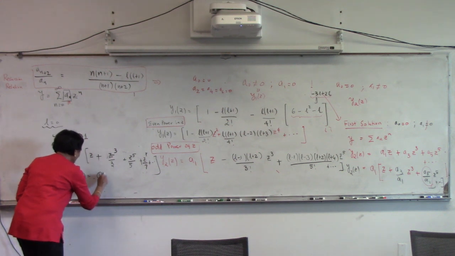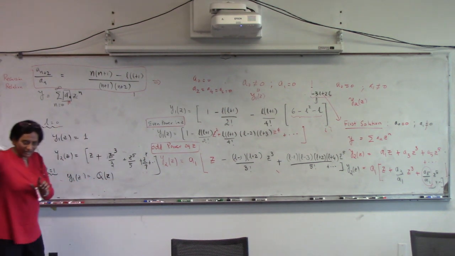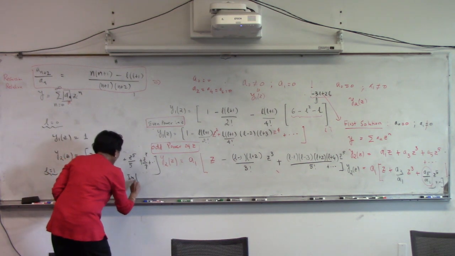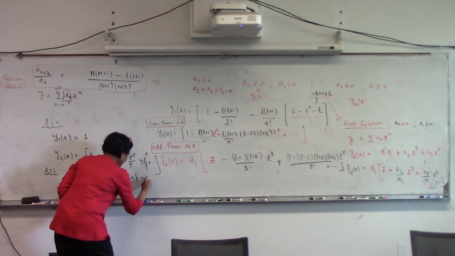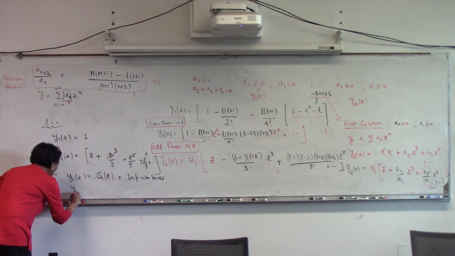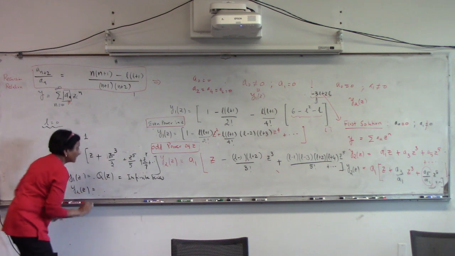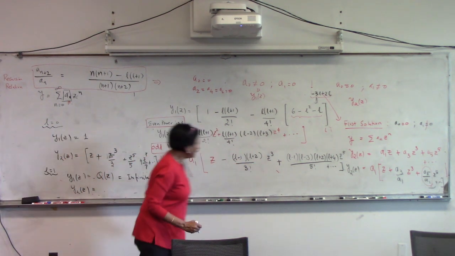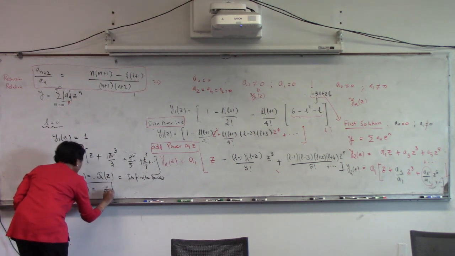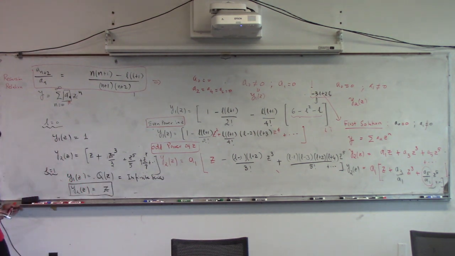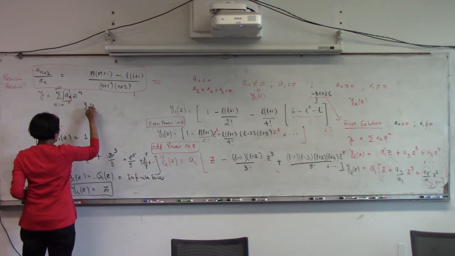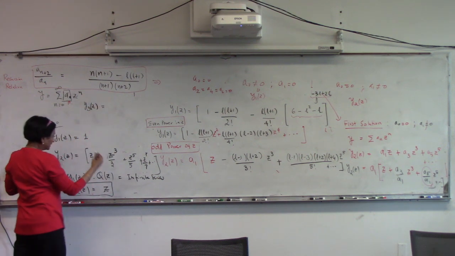It's an infinite series, whereas y2(z) has become what? All the terms go away, and only the leading term is this.